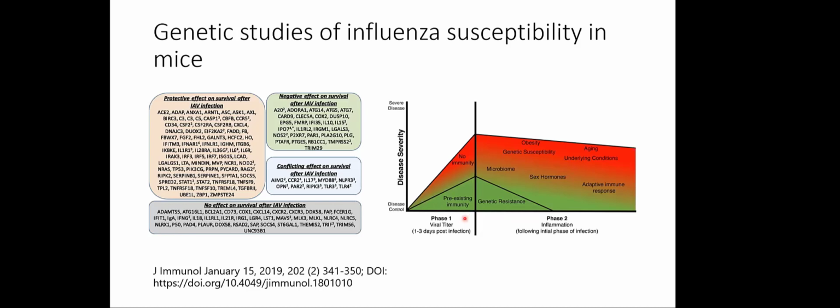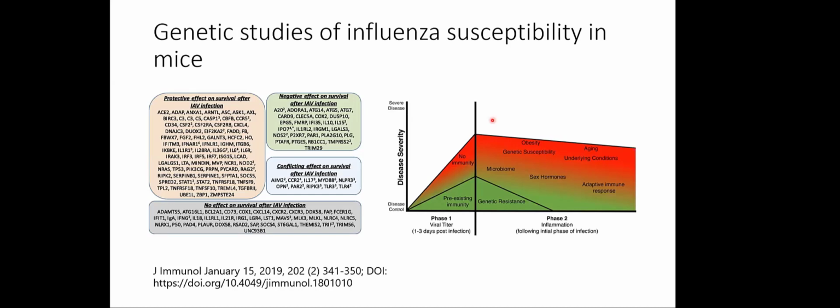And so, pathways could affect pre-existing immunity, which will control viral titer. If you have no immunity, then you have this sort of unrestrained viral titer, as we talked about yesterday. And then there's all of these other host factor features that can prolong inflammation and prevent wound repair, which is really the key feature of susceptibility to flu.